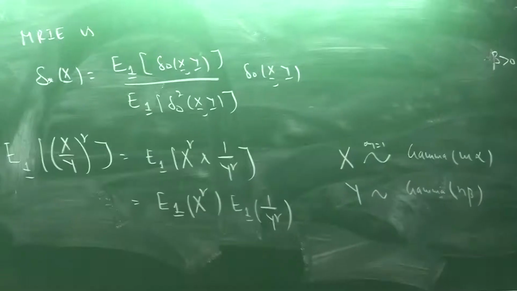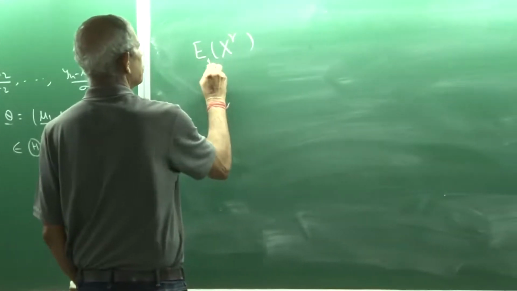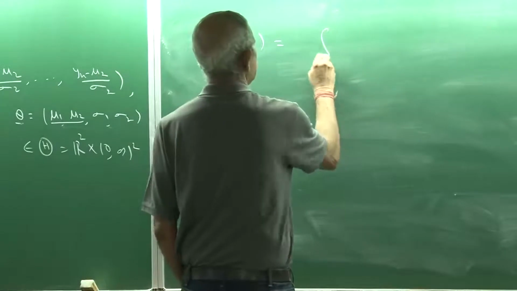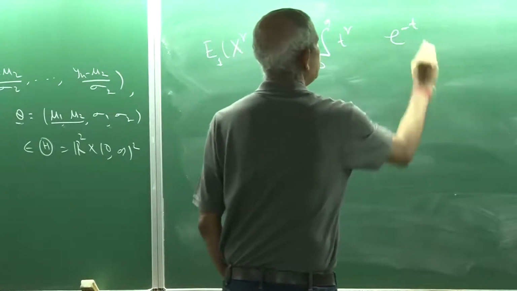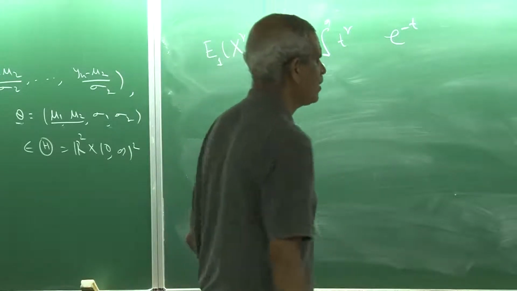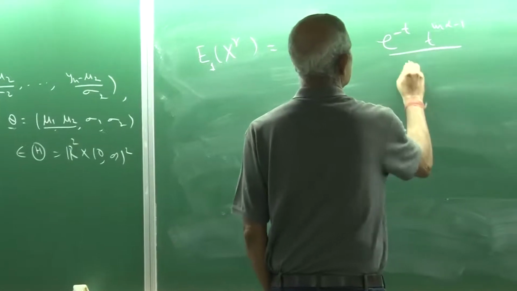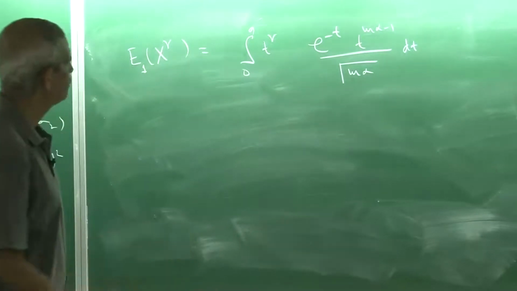In fact, I can find out the expected value of x to the power r under 1, which is nothing but the integral from 0 to infinity of t to the power r e to the power minus t, since x was gamma m alpha, times t to the power m alpha minus 1 by gamma m alpha dt.